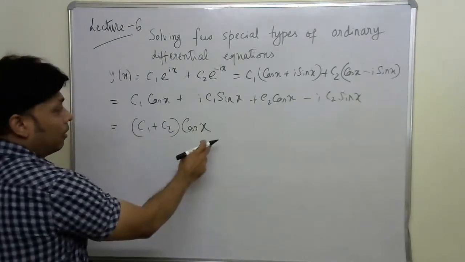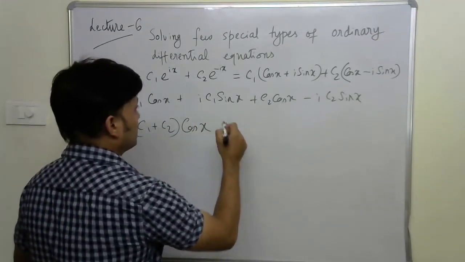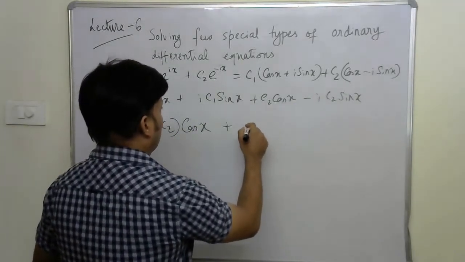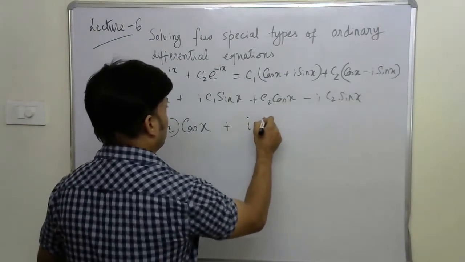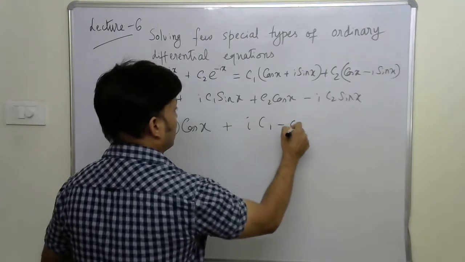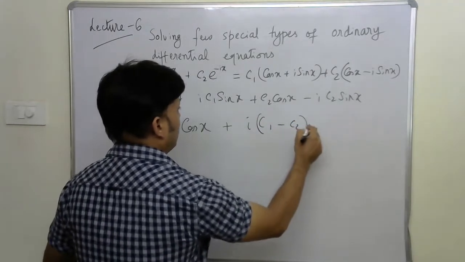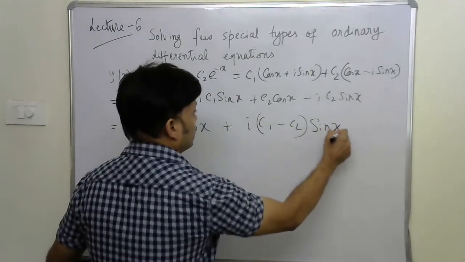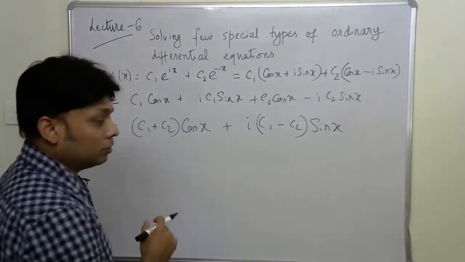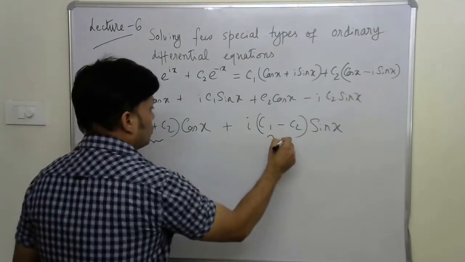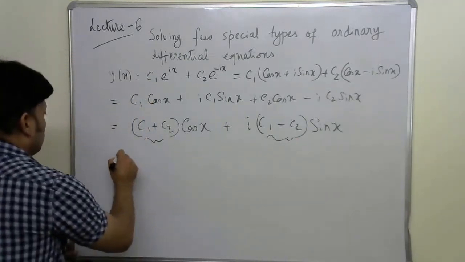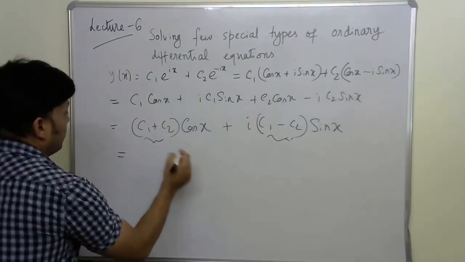So this is our real part, plus we can write it like that, i, and then C1 minus C2 and sin x. So this is our imaginary part. So remember, these two are our constants now. So we can further replace as two new constants to simplify.